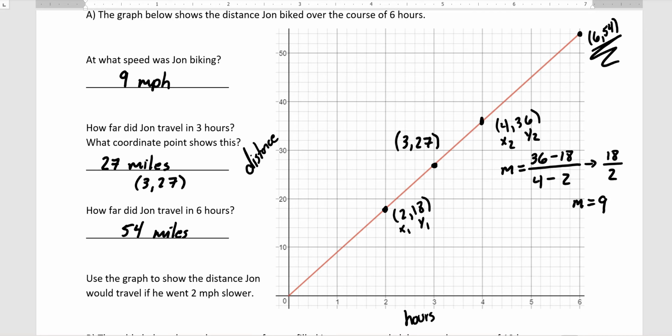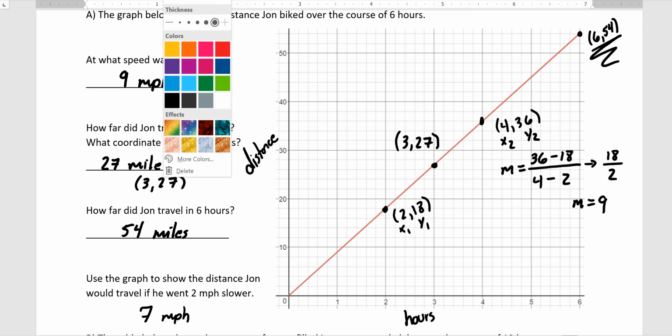Okay, so instead of going 9, he's going 7. So that would mean he was moving 7 miles per hour. And we're going to graph this here. Let's switch up our color here so we don't get confused. Oh, that's really big. Let's make it a little smaller. There we go. Let's put you right here.